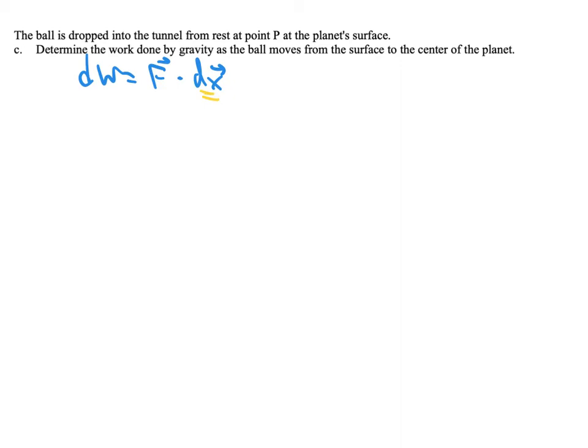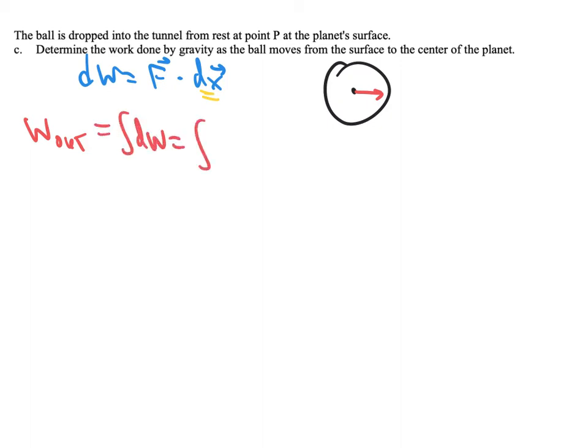So I'm going to compute the work done to go from the center to the surface, which I'm going to call work outward bound. It's going to be the integral of dW, so the integral from 0 to big R of the force. But we figured out what the force was.